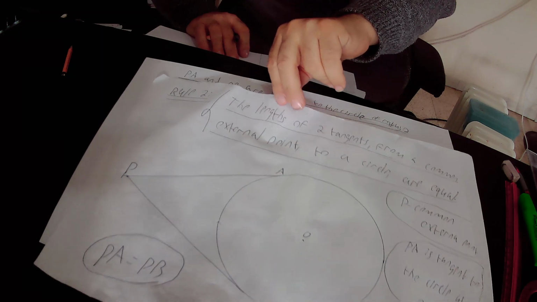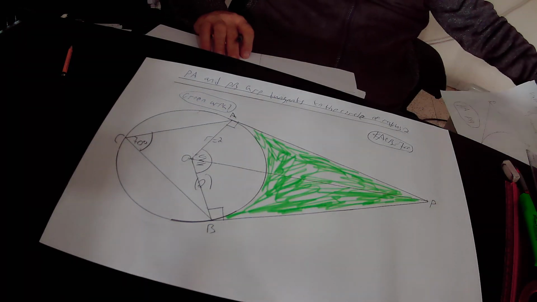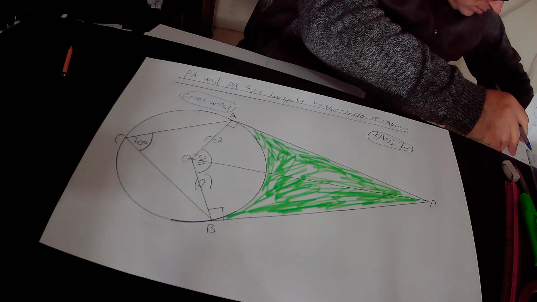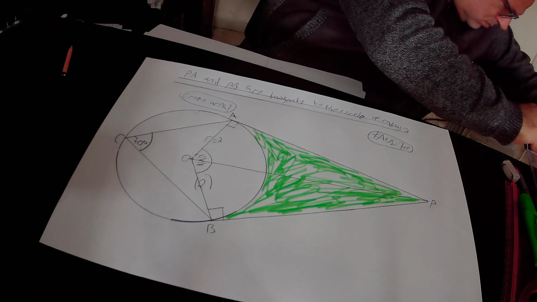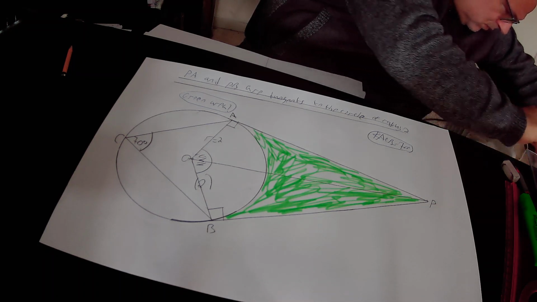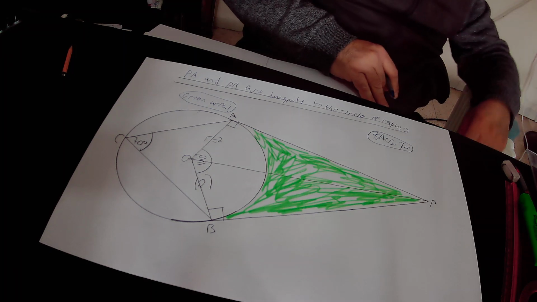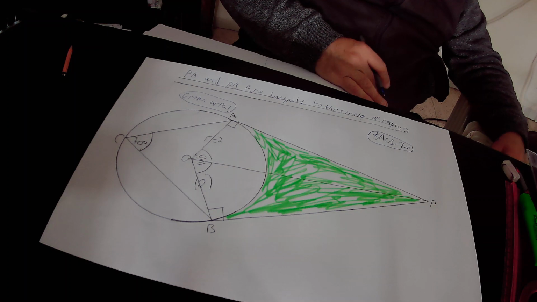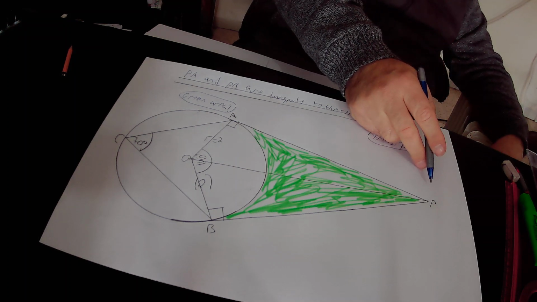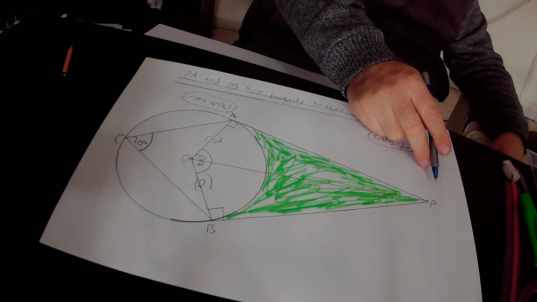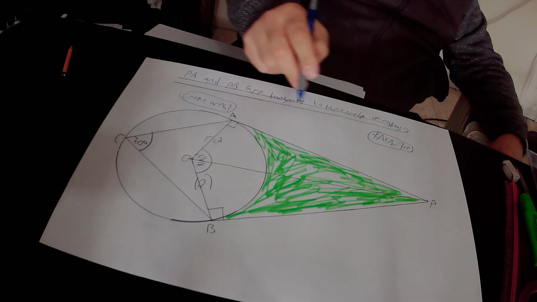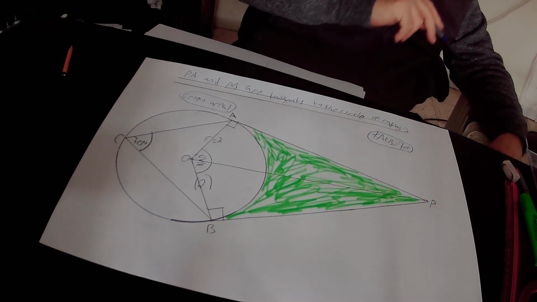So I can actually implement rule 2 in our drawing. Because in our drawing, from the common external point, point P, we have two tangents to the circle, tangent PA and tangent PB, and according to rule 2, they are equal to each other.